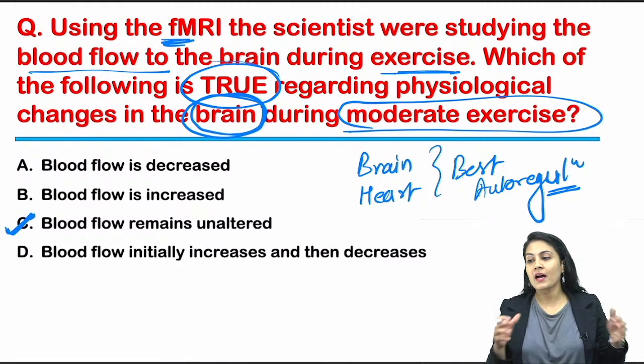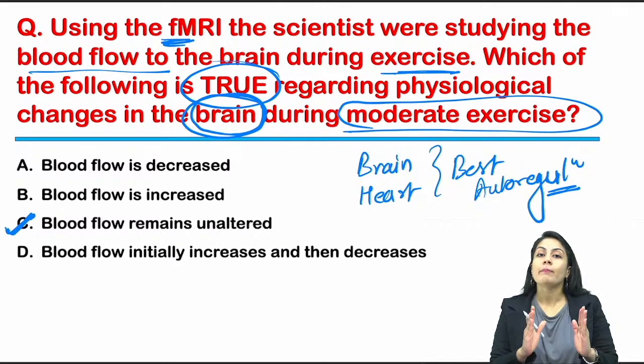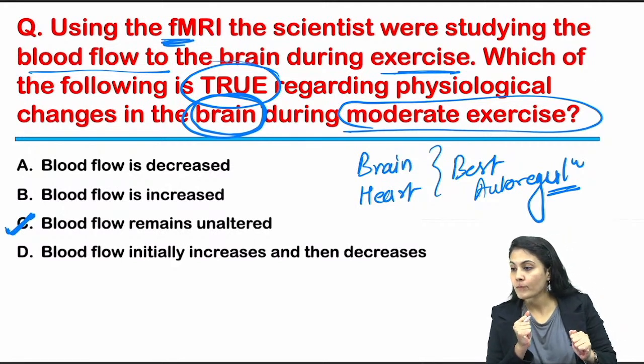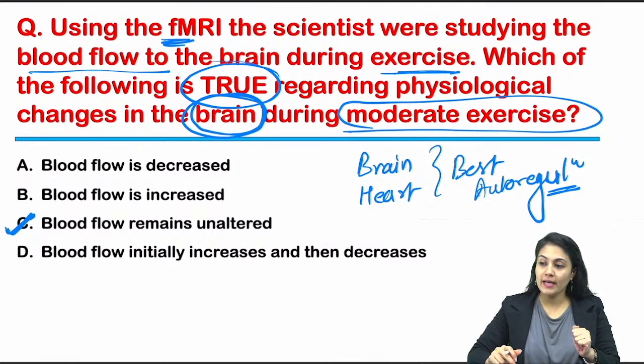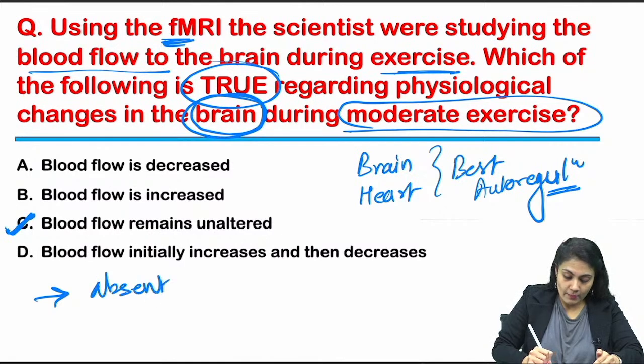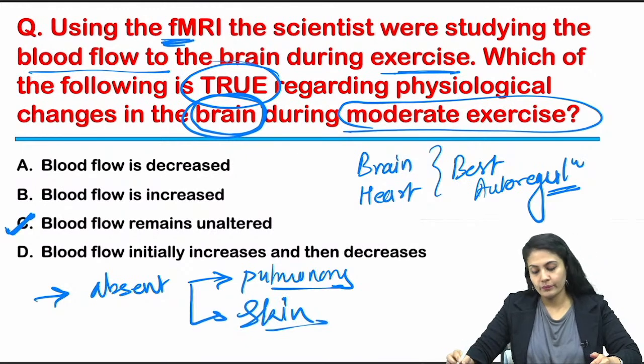If there is hypoxia, temporary vasodilation will occur, but it will maintain its blood flow. Now, a question they can ask is where autoregulation is absent. Remember, autoregulation is absent in the pulmonary system as well as the skin.